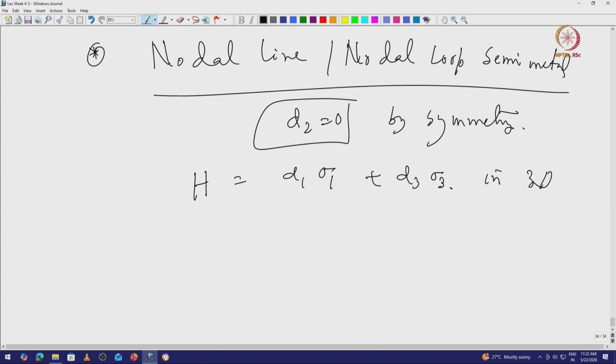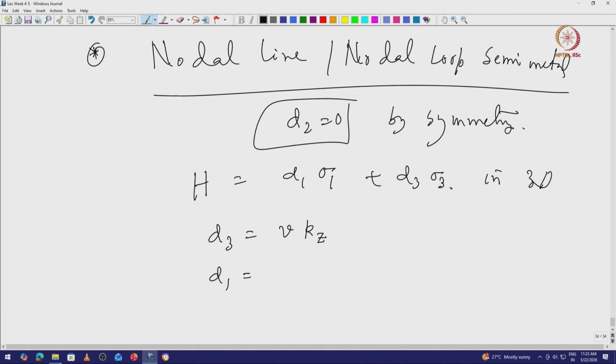Again we are making a choice. So let us say d3 equal to some v kz, and d1, d2 has to be a contour, there has to be relations between them.